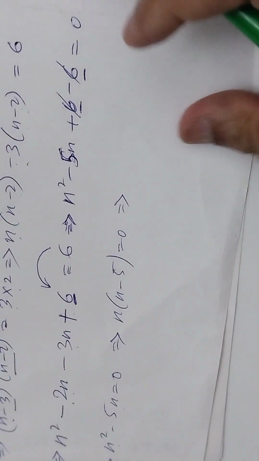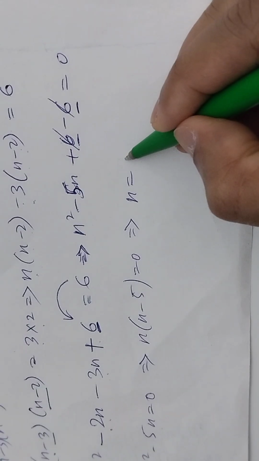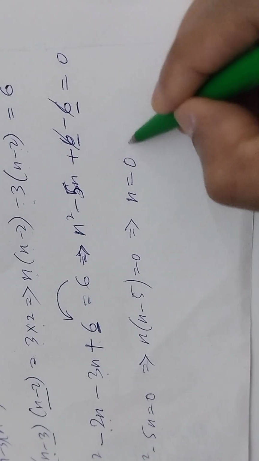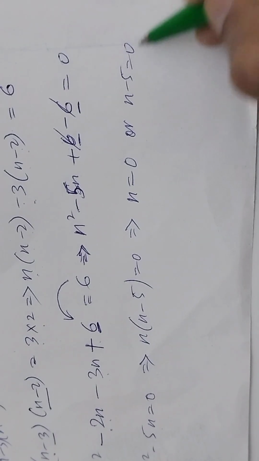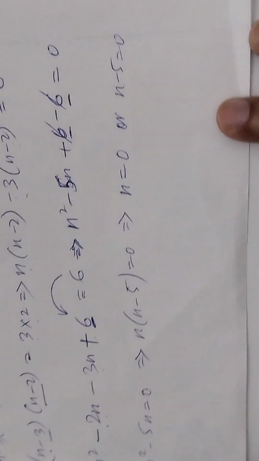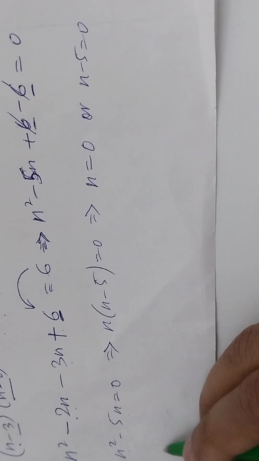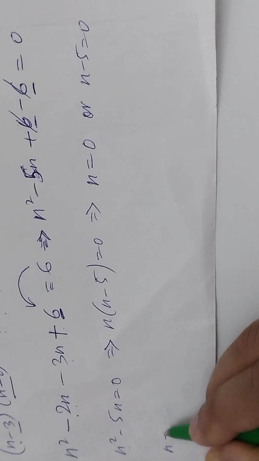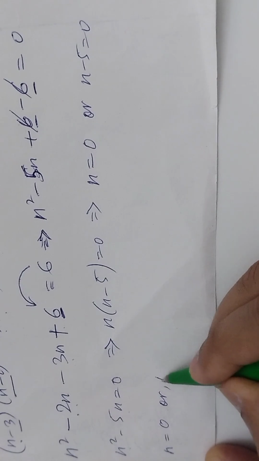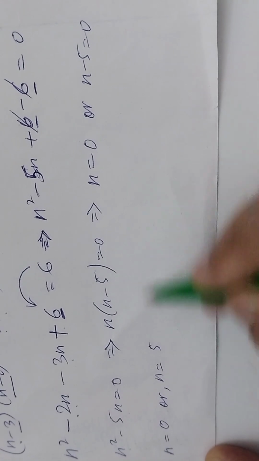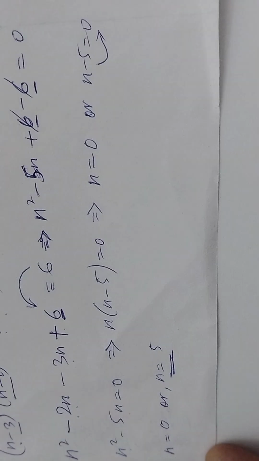Further, we can write n is equal to 0 or n minus 5 is equal to 0, which can also be written as n is equal to 0 or n is equal to 5, as this minus 5 goes on the other side and becomes plus 5.